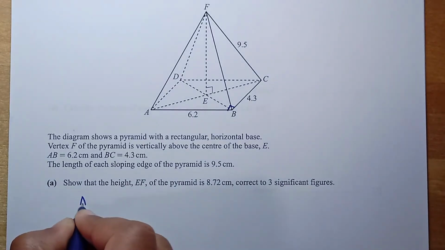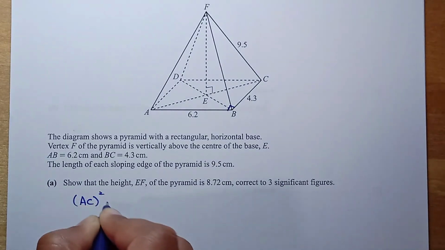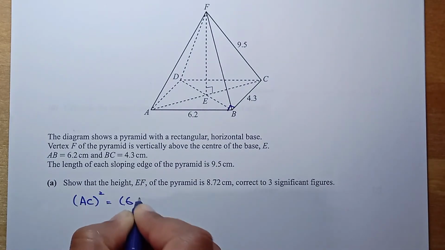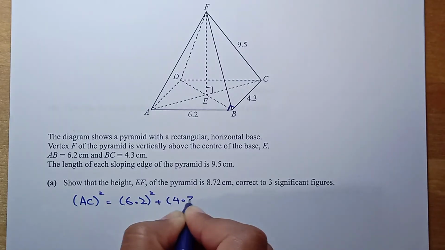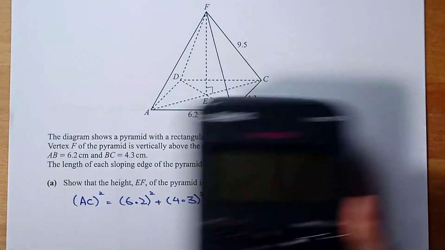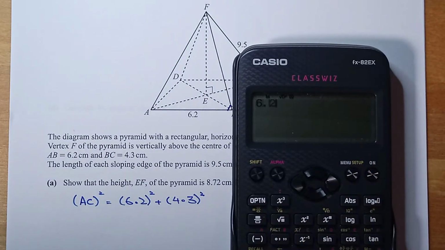So AC squared equals AB squared, that is 6.2 squared, plus BC squared, that is 4.3 squared. So we have 6.2 squared plus 4.3 squared, this is AC squared. Now to get AC, we need to do the square root.